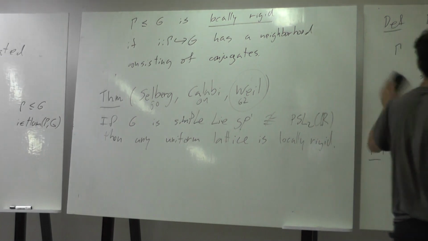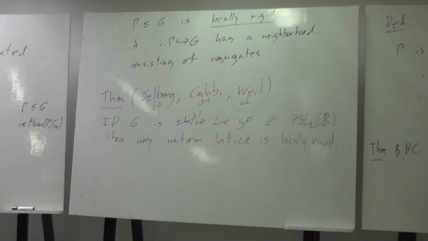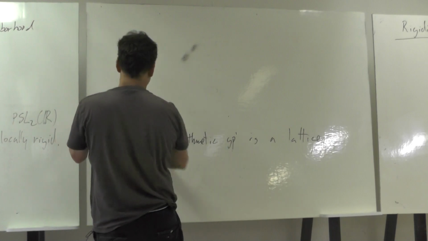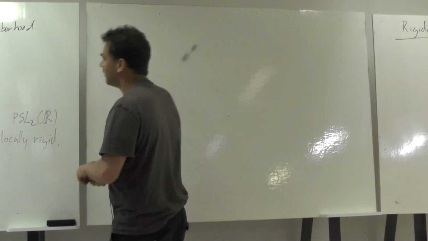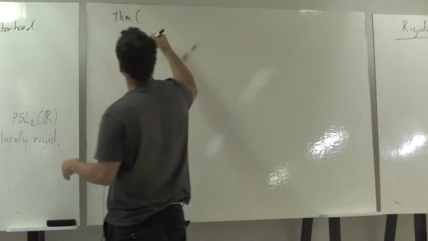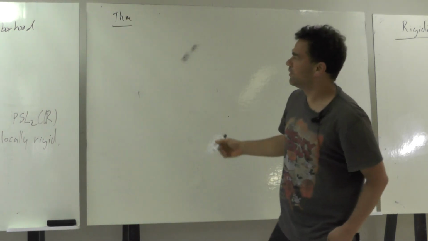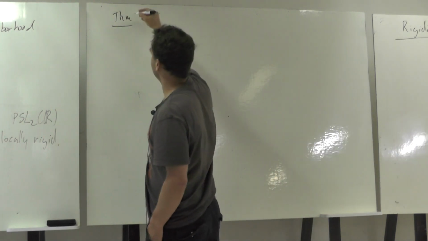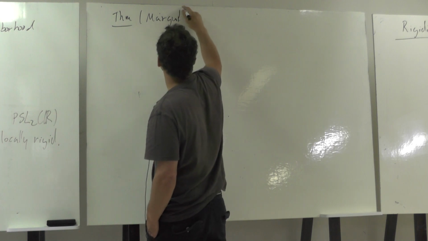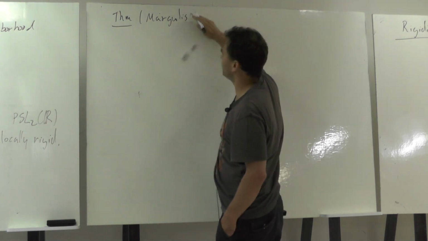Why uniform? Good question, and the answer is that you don't need it, but it's much harder. What Margulis proved, the general theorem, which includes this, plus Garland, Raghunathan.